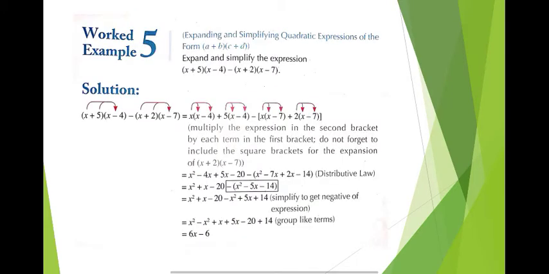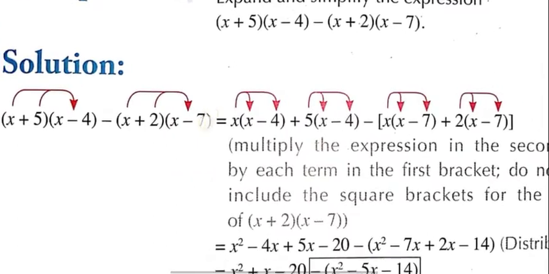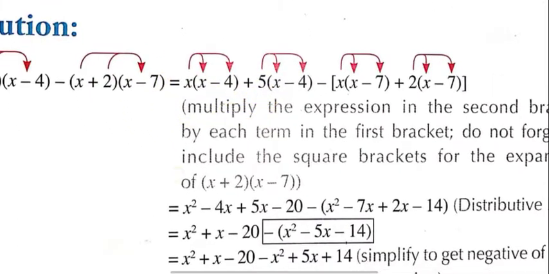And for work example 5, same thing, but this time you have to do it twice, right? Two at once. So you see it's a bit longer here, but don't worry. The thing here you must pay attention to is when you do this expansion of this, it will become this, right?